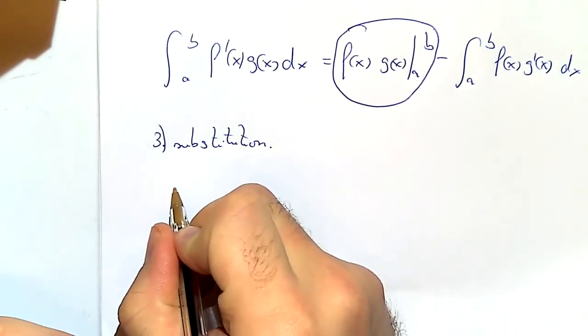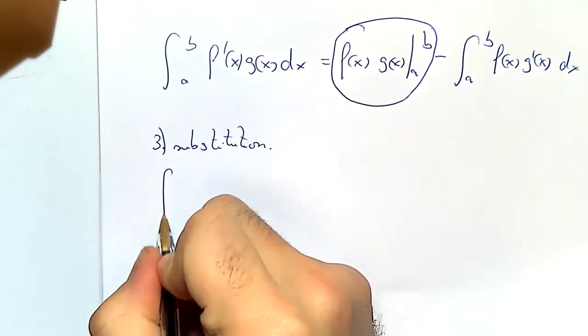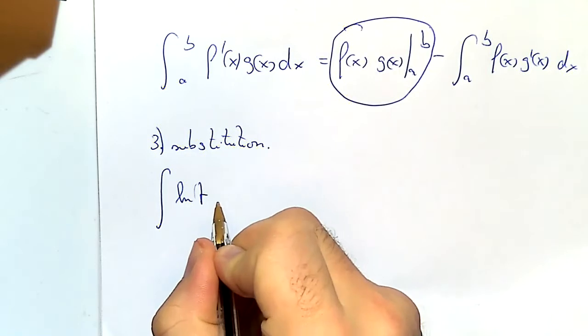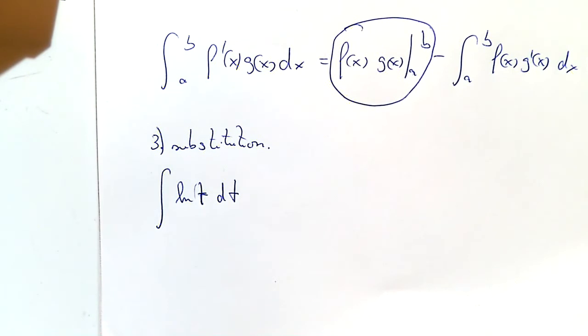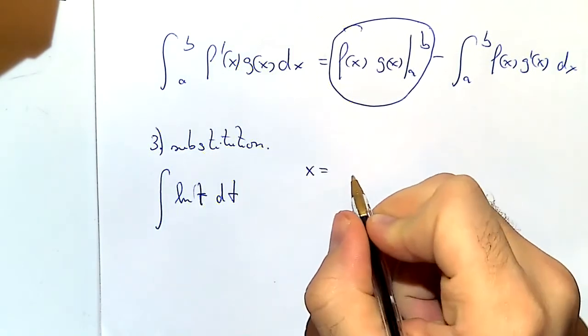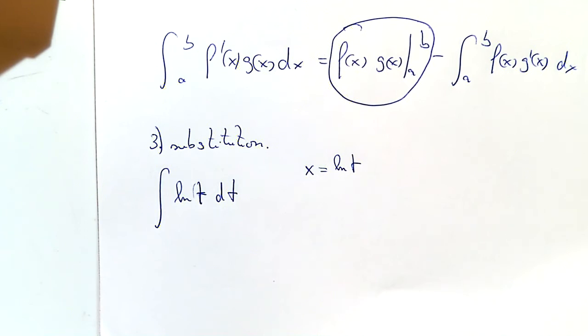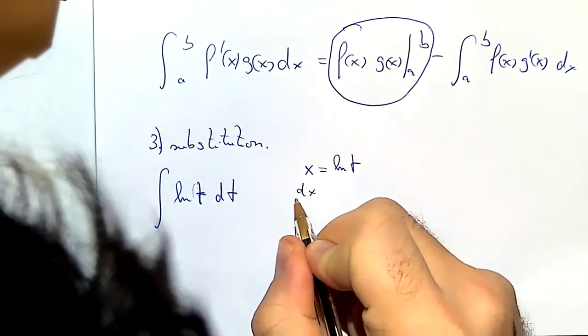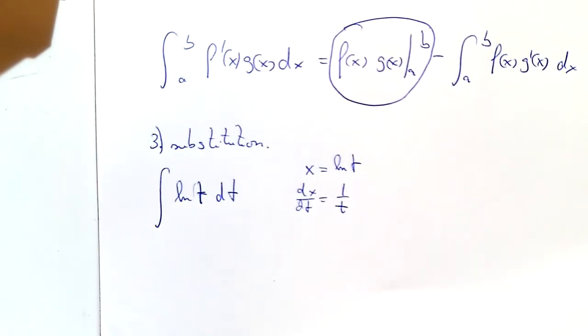Substitution. Again, most of you did it fine in the indefinite integral. Let's talk about when you had to do it in the definite integral, which was the integral of log of t dt. When you replaced this, most of you used x is equal to, I think it was, log of t, then dx dt is equal to 1 over t, okay?